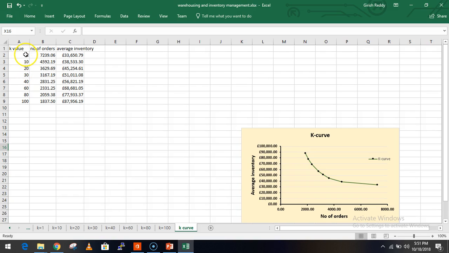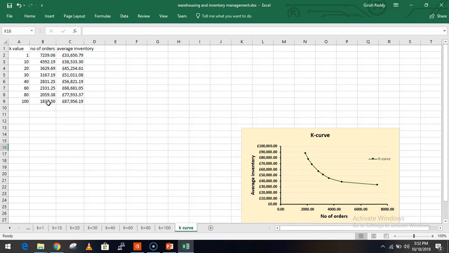These are the K values that I have calculated. For K value 1, I got the number of orders as 7,200 and average inventory as 33,000 euros. As I said before, you can clearly see here that as the number of orders is decreasing, the average inventory value is increasing.